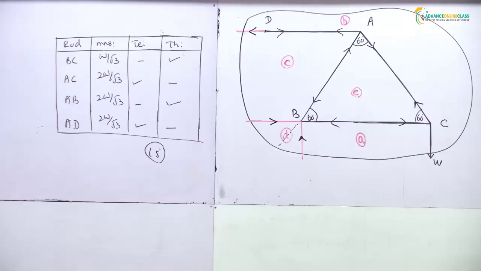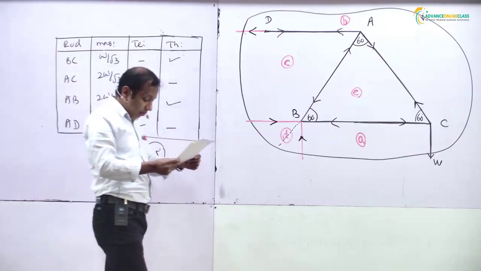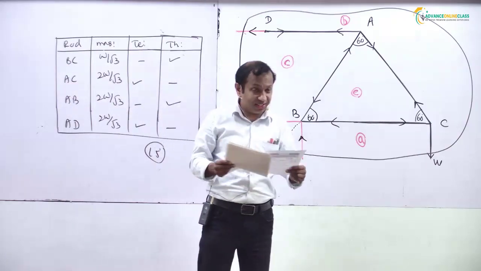Yes, projectile part. The particle is projected at an angle alpha to the horizontal. If the horizontal range is r and the time of flight is t, show that this answer. Very simple one.